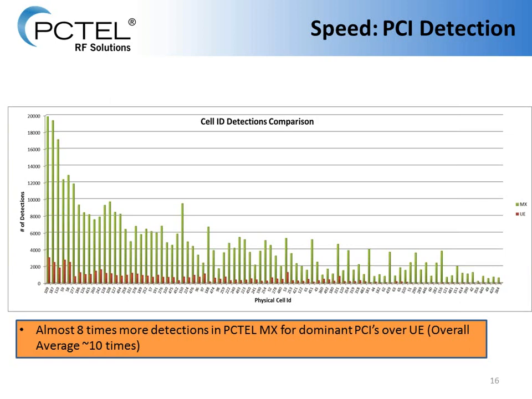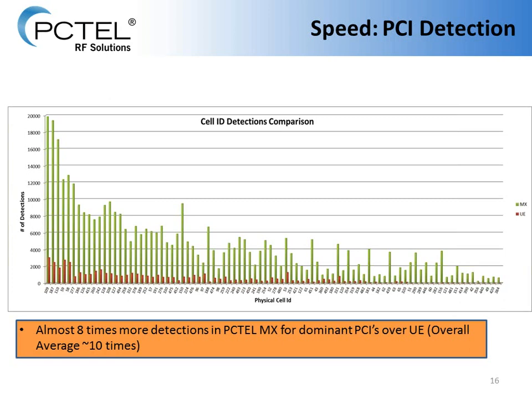So on this chart, chart 16, what we're showing you here is the difference in the number of cell ID detections compared between the scanner and UE. And it's quite dramatic, actually. What's in green is what the scanner is able to detect as far as how many cell ID detections we had.